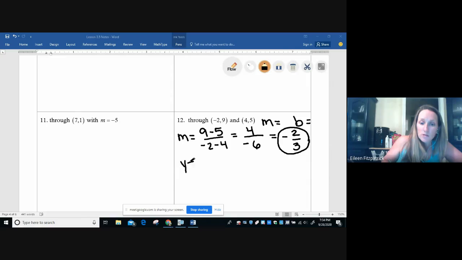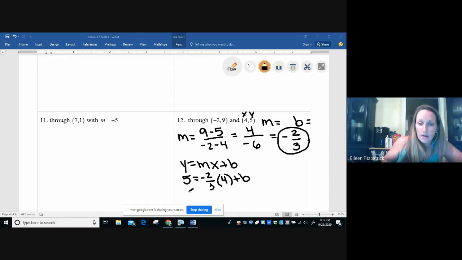So I'm going to write y equals mx plus b. And I'm going to substitute in one of these. It doesn't matter which one. I'll probably pick this one just because it's positive values instead of negative. But you could plug in this for x and y. So I have 5 is equal to -2/3. The x value is 4 plus b.